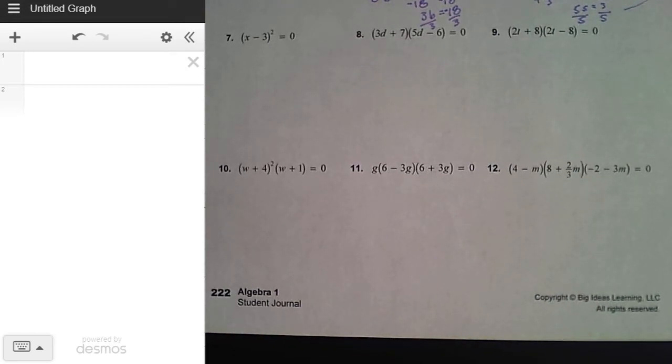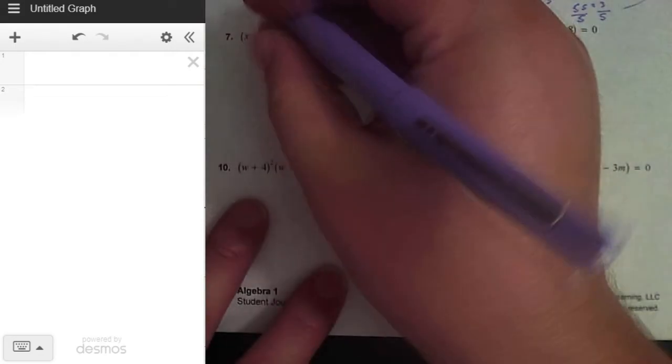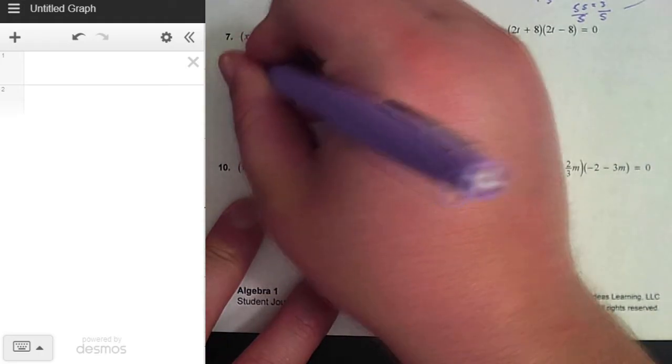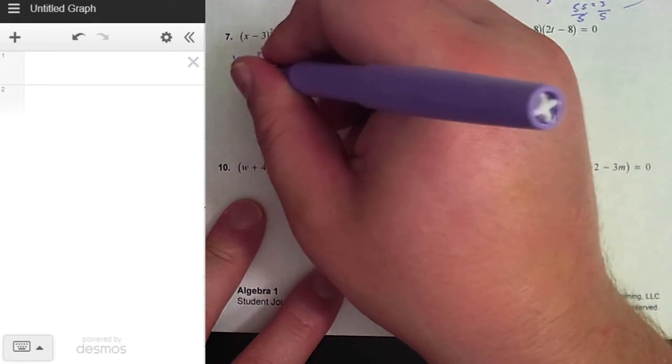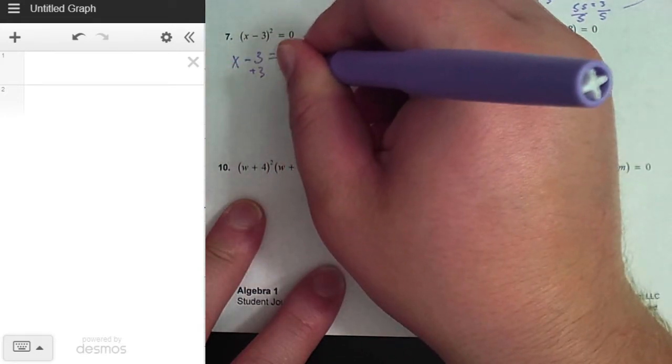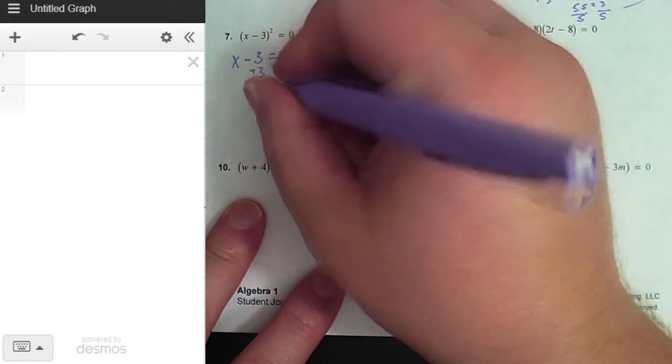So we have x minus 3, that entire quantity squared. So we can just set x minus 3 equal to 0. Add 3 to both sides. x is equal to 3.